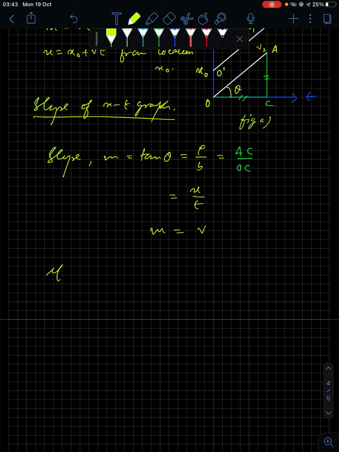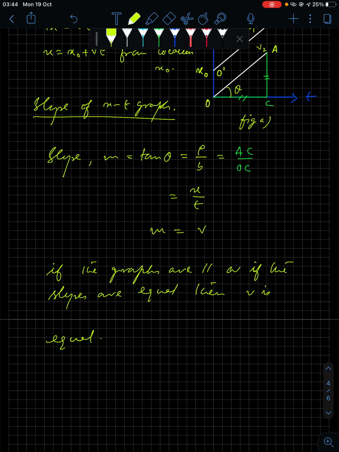So if the graphs are parallel, or in other words, if the slopes are equal, then v is equal for both of them.